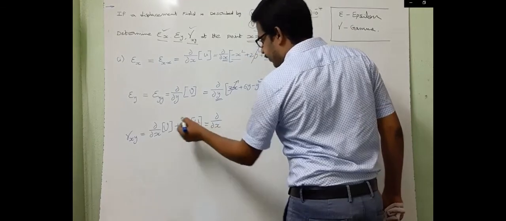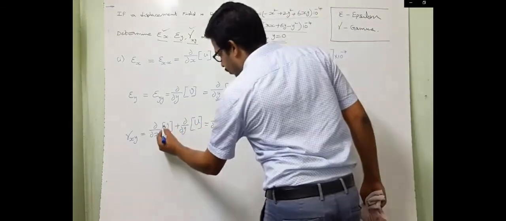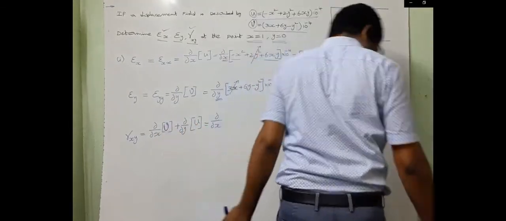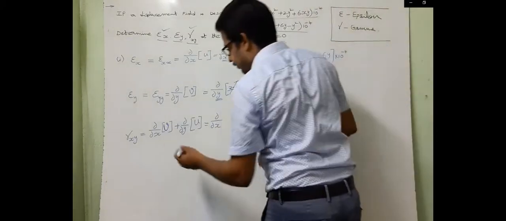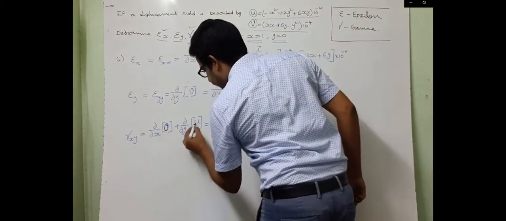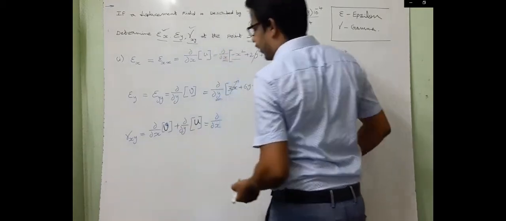The third value is dou by dou x of v plus dou by dou y of u.